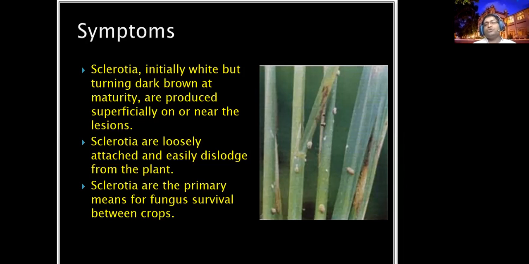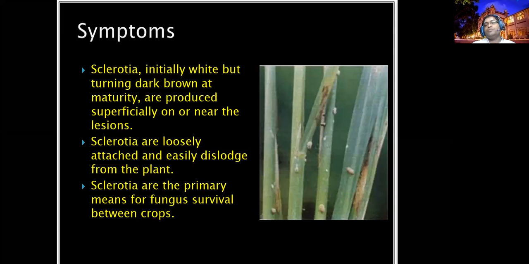The sclerotia are loosely attached to the symptom or mycelia. In the symptoms you can observe mycelia, and in the mycelia the sclerotia are attached loosely. If you touch it or if the wind shakes the plants, the sclerotia will fall off and easily spread with the water.